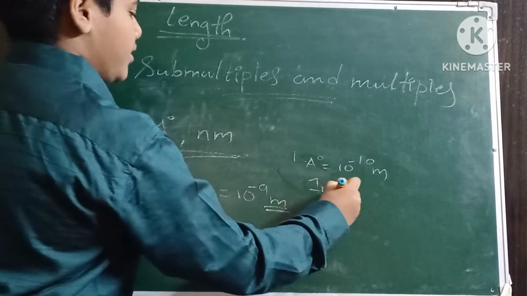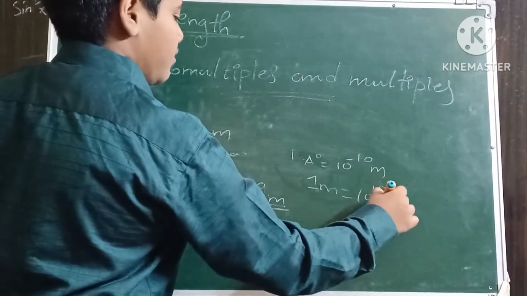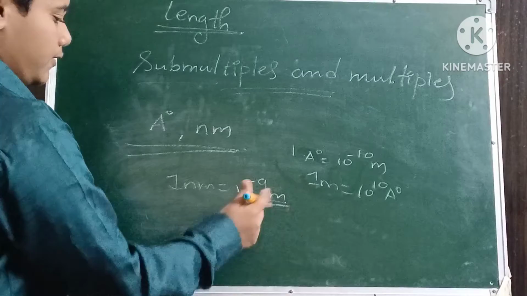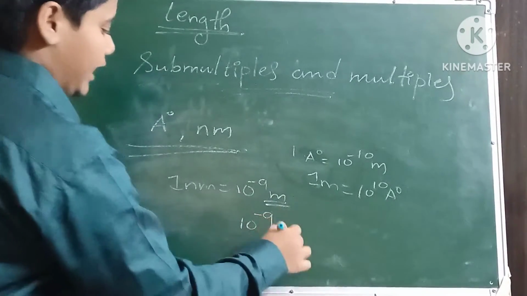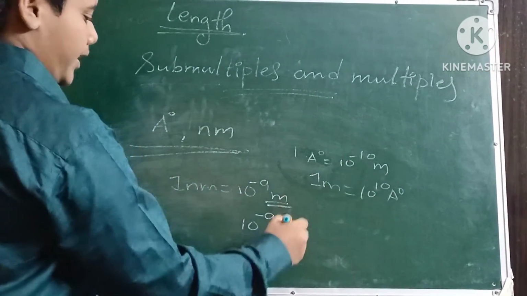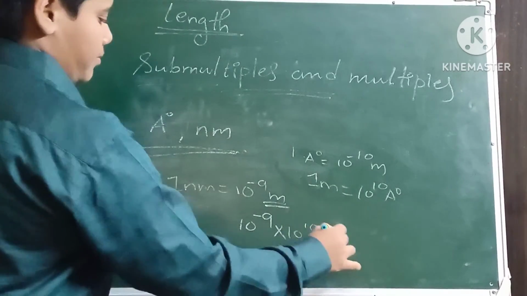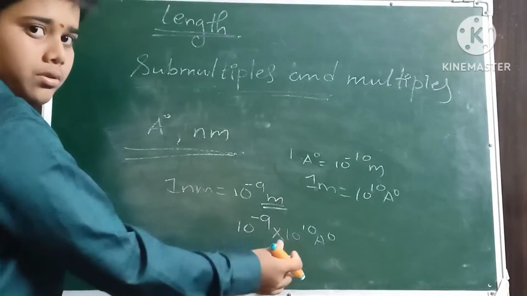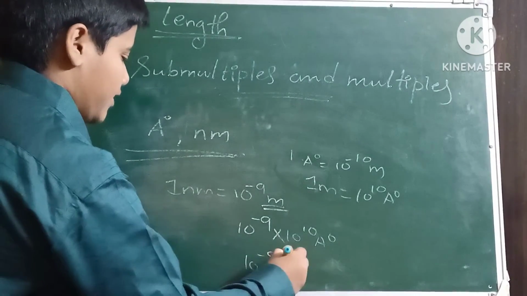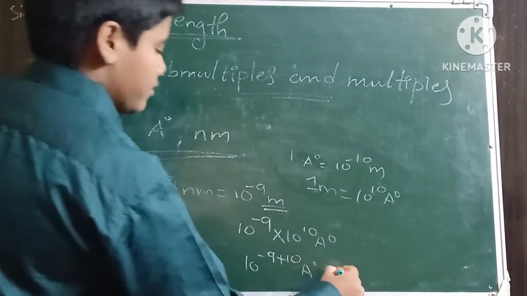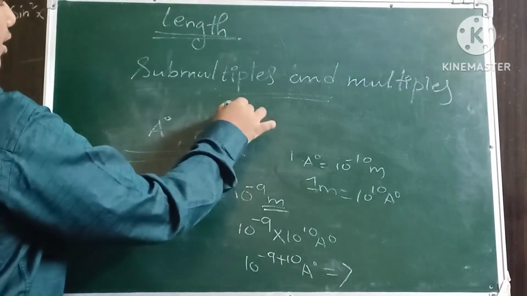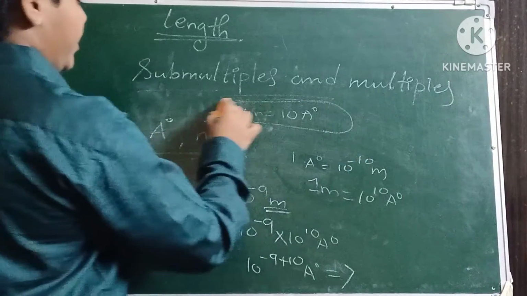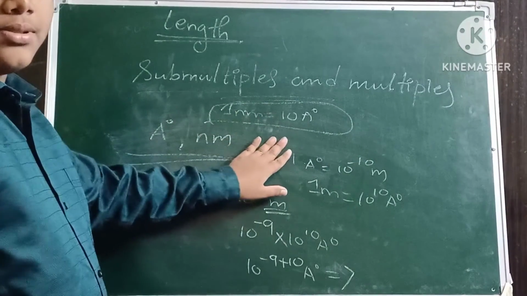So 1 meter is equal to 10 to the power of 10 angstroms. So here we have to multiply 10 to the power of minus 9 into 10 to the power of 10 angstroms. So product rule: minus 9 plus 10, 1 angstrom. So here 1 nanometer is equal to 10 angstroms. This is the relation between nanometer and angstroms. Okay.